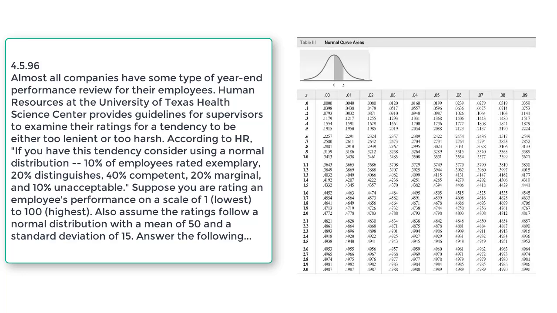Suppose you are rating an employee's performance on a scale of 1 being the lowest and 100 being the highest. Also assume the ratings follow a normal distribution, with a mean of 50 and a standard deviation of 15. Well, based on these, let's answer several questions.